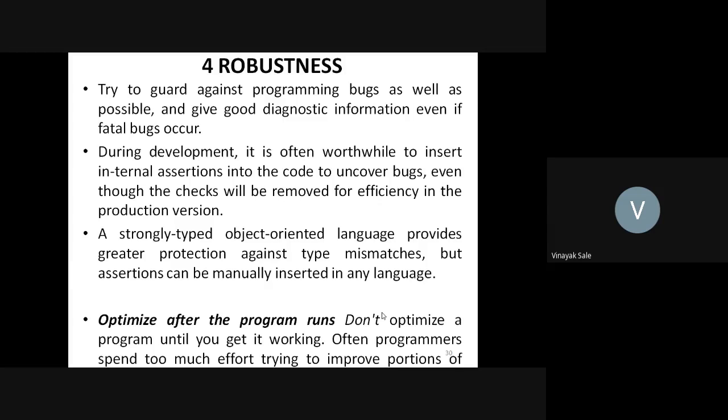During development, it is often worthwhile to insert internal assertions into the code to uncover bugs, even though the checks will be removed for efficiency in the production version. A strongly typed object-oriented language provides greater protection against type mismatches, but assertions can be manually inserted in any language.